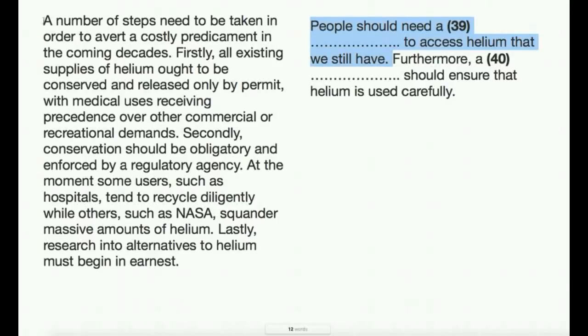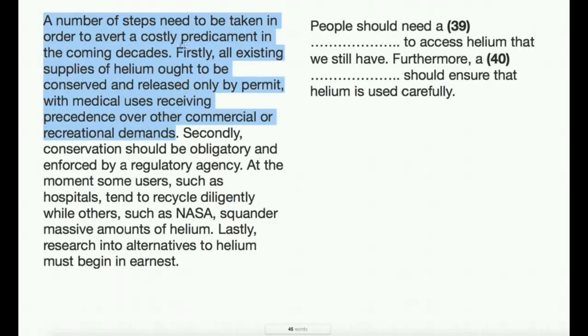A number of steps need to be taken in order to avert a costly predicament in the coming decades. Well, that's not connected to this. It says a number of steps. If you look at the steps, firstly, secondly, there are two steps. It mentions this and then furthermore. So it's likely this one is in here and this one is here.